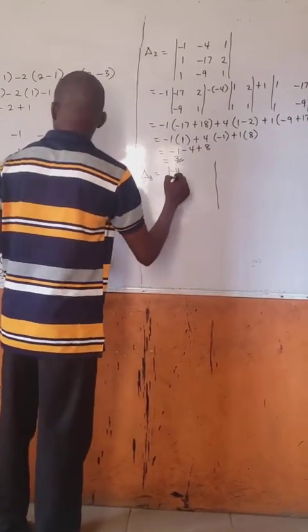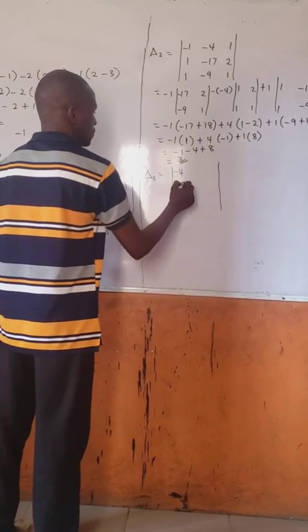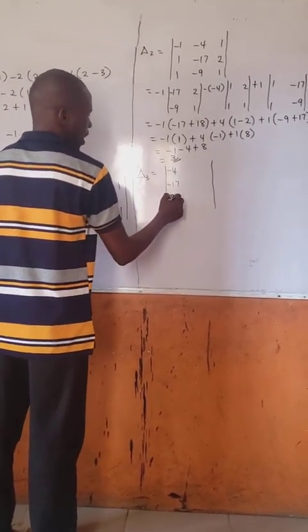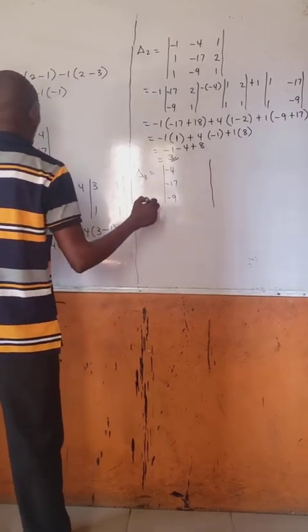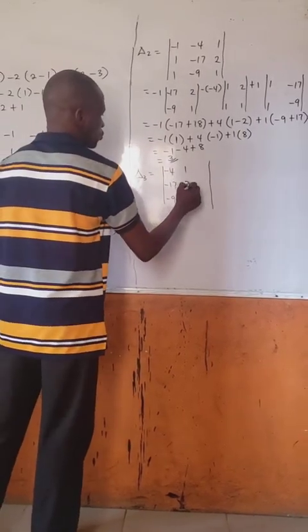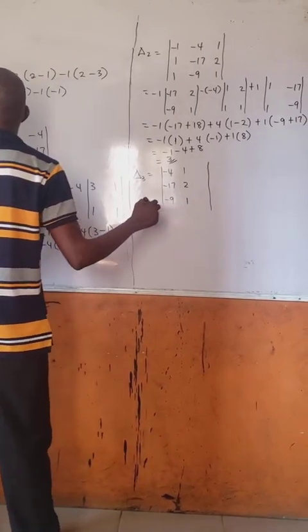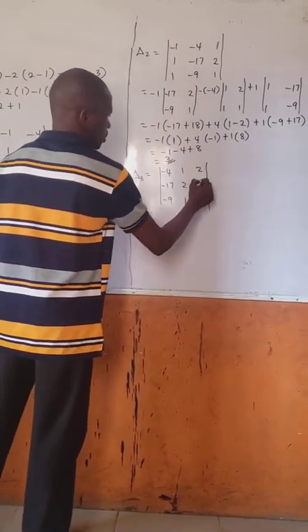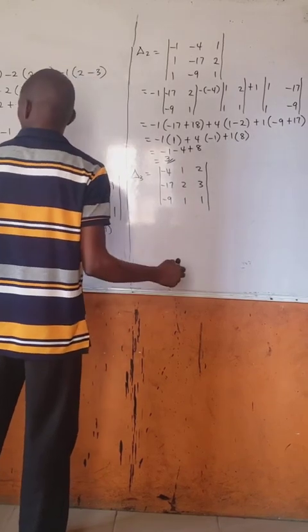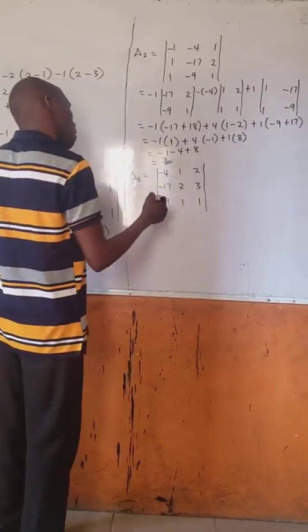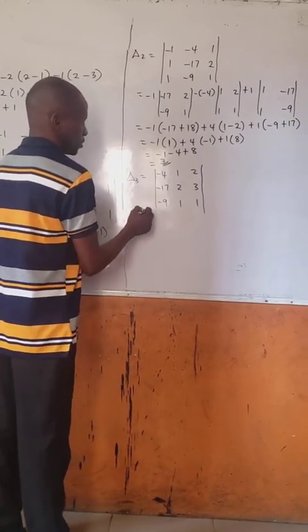minus 4, minus 17, minus 9. What do we have here? We have 1, 2, 1. Here we have 2, 3, 1. So from here, let's look for the determinants.